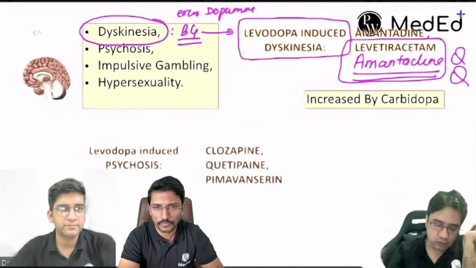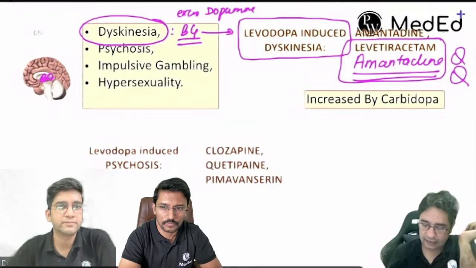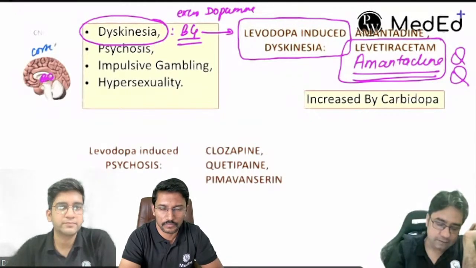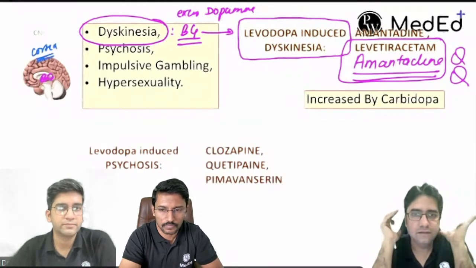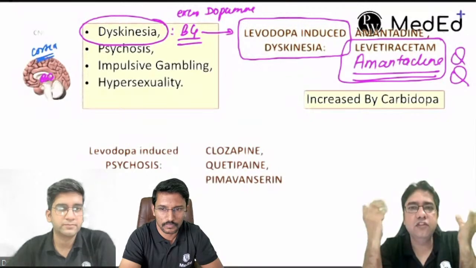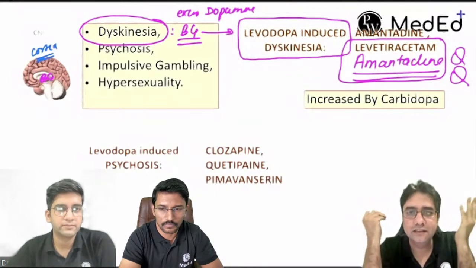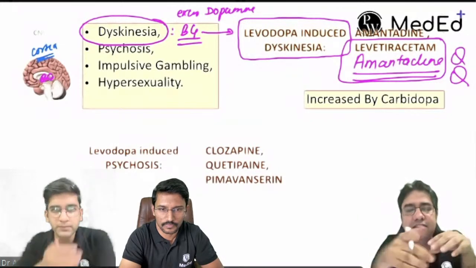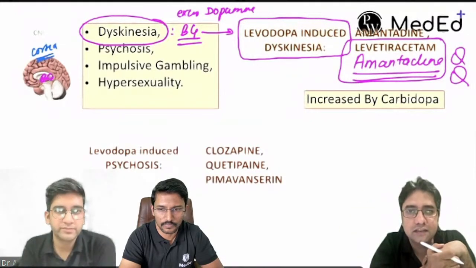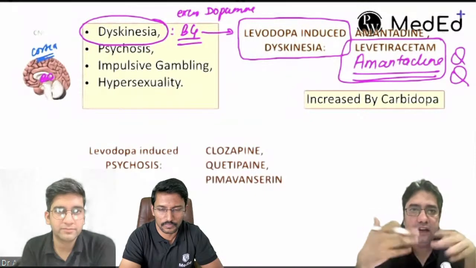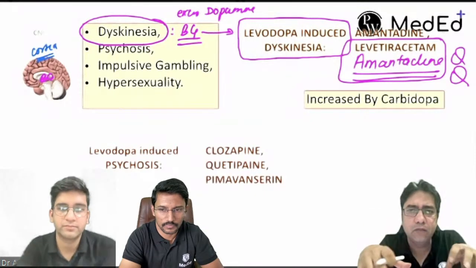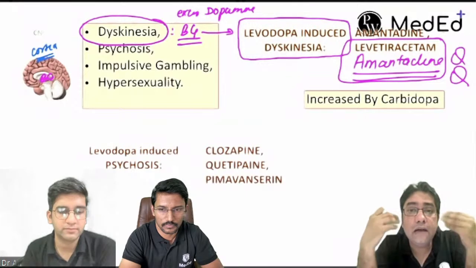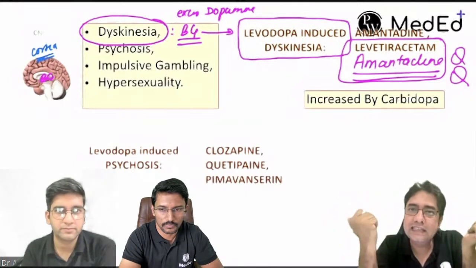Now, so this was the basal ganglia. Second thing is the cortical area, mesocortical area. In the cortex, we think, we have wonderful experiences. But just imagine if there is excess of dopamine, you will have excess of wonderful experiences without actually feeling it. Or in simple words, I can say, you will have abnormal perception, that is psychosis.